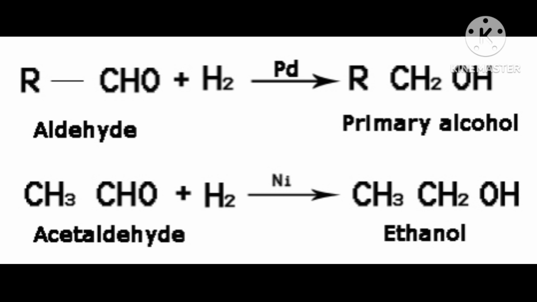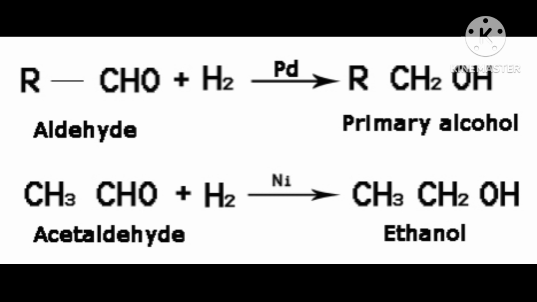You know that aldehyde is the CHO group and ketone is the CO group. This C double bond O is called the carbonyl group.